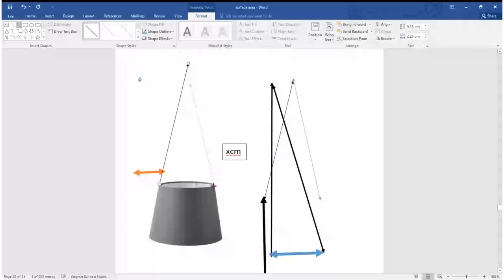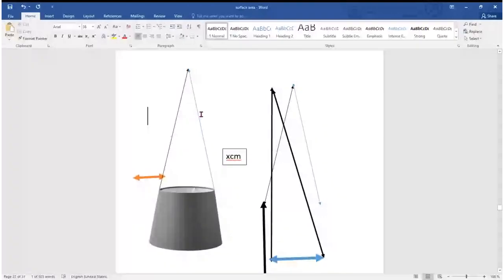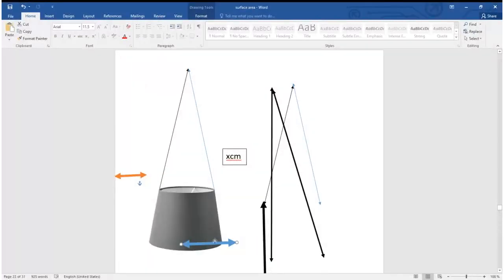So I'm now going to say, to find this, I have a bottom radius. Bottom radius is this. Let me show you how we find the bottom radius. Then I have the height of this, capital H. Height is there. So this one is the capital radius here.